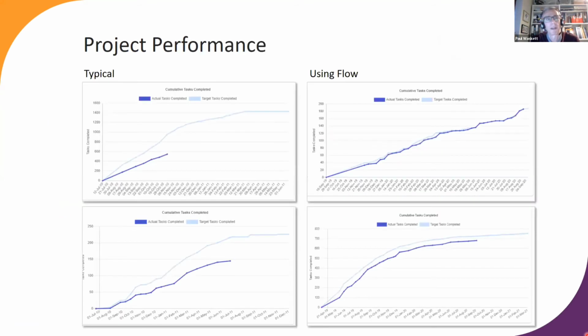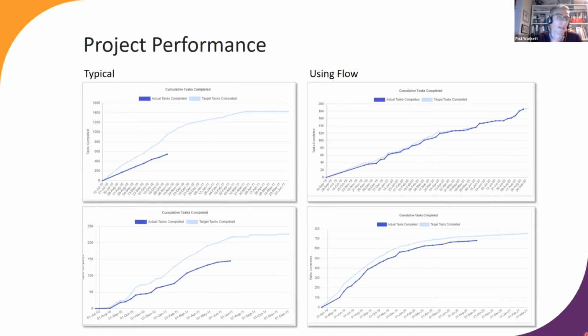And just final slide on benefits. What you're looking at on screen there are a couple of recent Flow projects on the right-hand graphs, a couple of other projects which are using what would be considered very best practice in process management on the left. And if you've got predictability and certainty, your dark blue line is tracking your light blue line as closely as it possibly can.